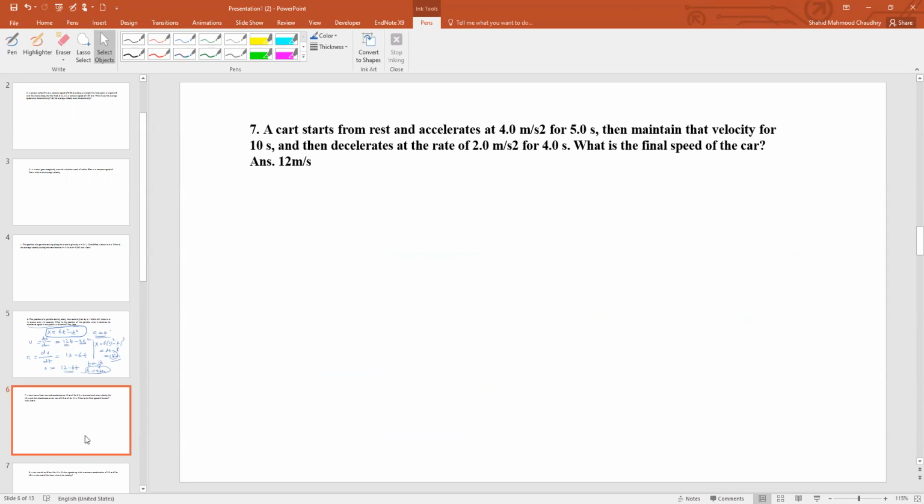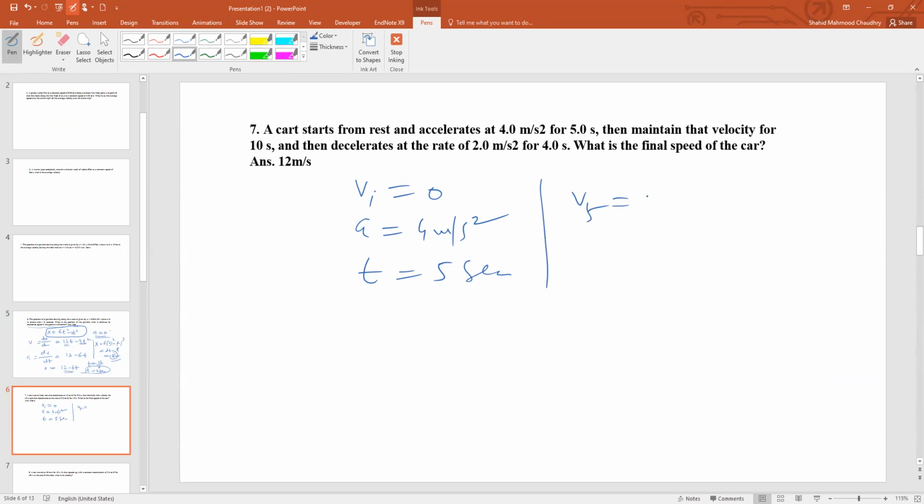Okay, then another question. In this question, a car starts from rest, so Vi is equal to 0, and accelerates at 4 meters per second squared for time equal to 5 seconds, then maintains the velocity.